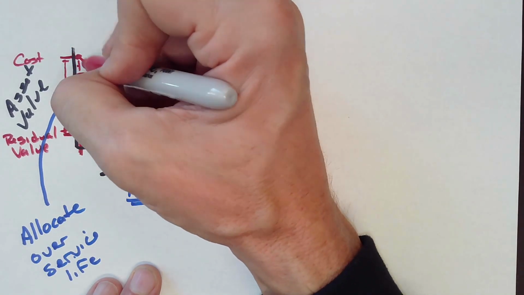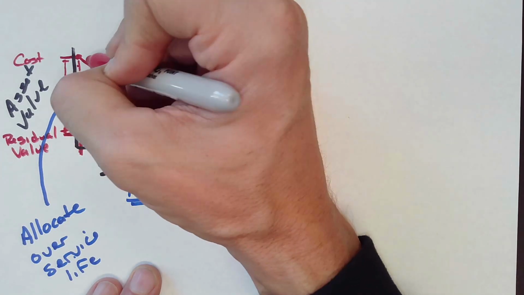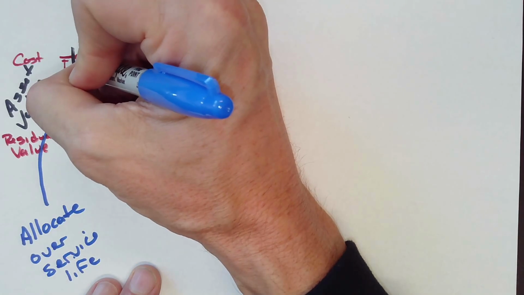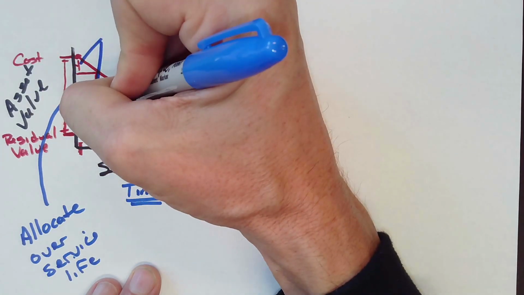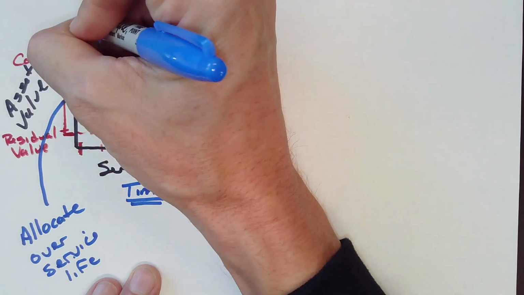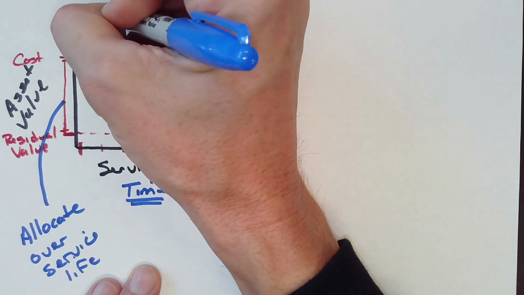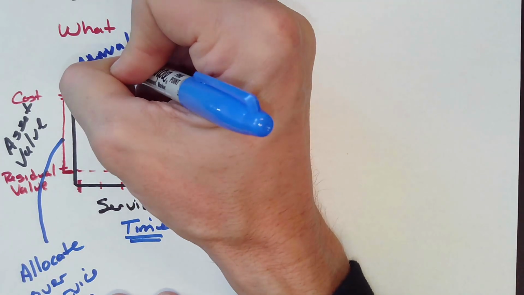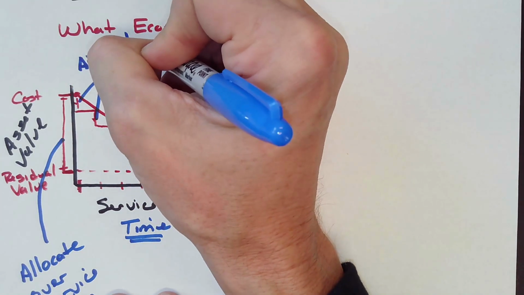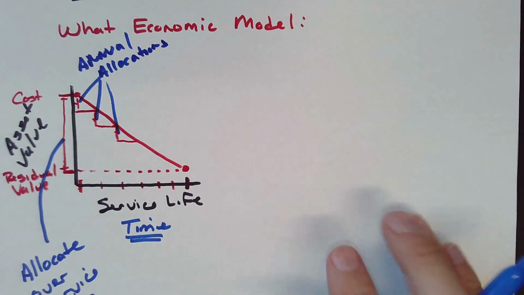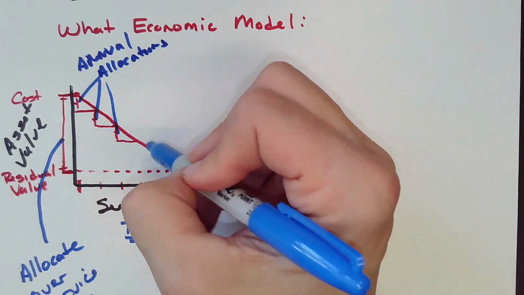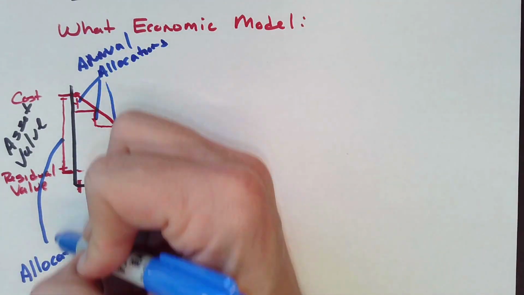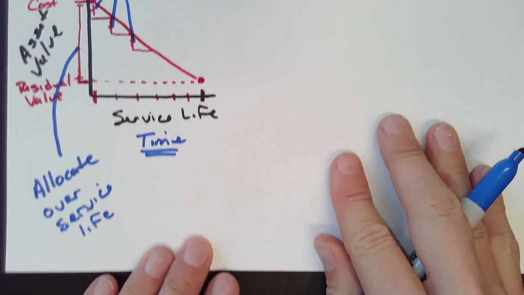This amount, this is the amount that I allocate each year. So these are the annual allocations of the cost, and the combination of each of these is going to equal the total amount that I'm going to allocate over the service life.